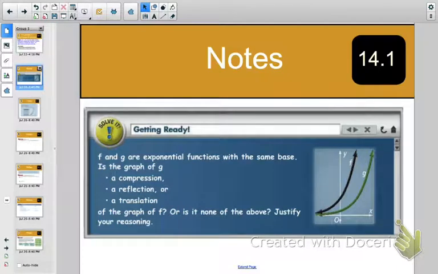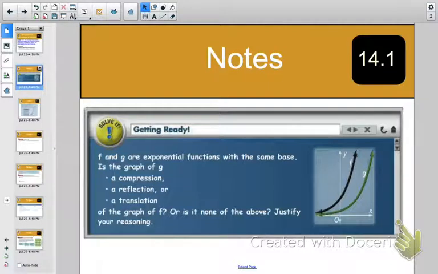Okay, so this one says f and g are exponential functions with the same base. Is the graph of g a compression, a reflection, or a translation? Since they have the same base, we know they're the same shape, so they're both going up at the same rate, basically.